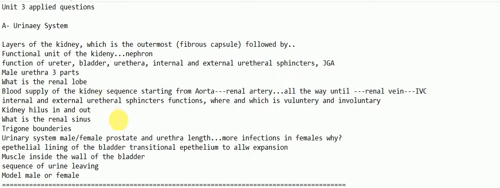and we have something like that in the lab. The blood supply of the kidney is very important, starting from the aorta, going to the renal artery, and then dividing like a tree until the last divisions, which are the afferent arterioles, and then the glomerulus, which is a tuft of capillaries through which the filtrate is going to be filtered out, and then it will go back to the efferent arteriole and then to the other side until you go all the way back to the renal vein, to the inferior vena cava.